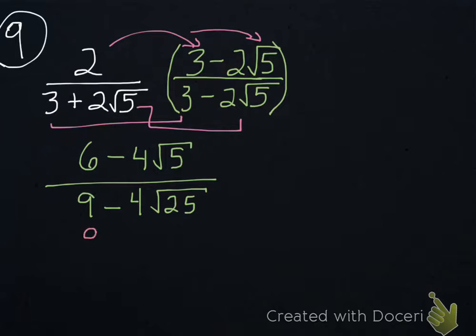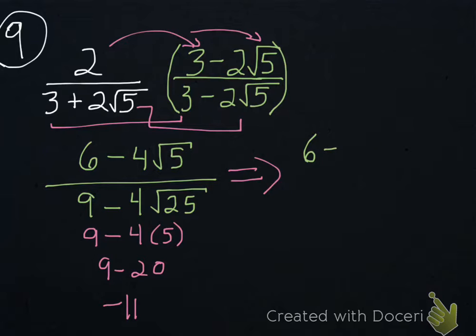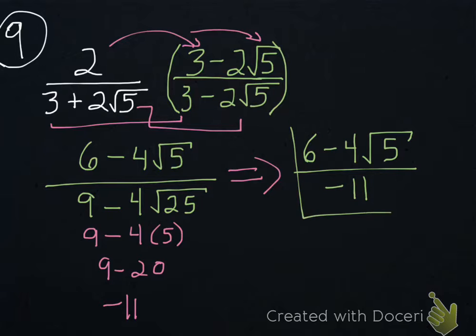Square root of 25 is 5, so this becomes 9 minus 4 times 5. 4 times 5 is 20. 9 minus 20, which means negative 11. So my simplified answer, the top stays the same. 6 minus 4 square root 5 all divided by negative 11.